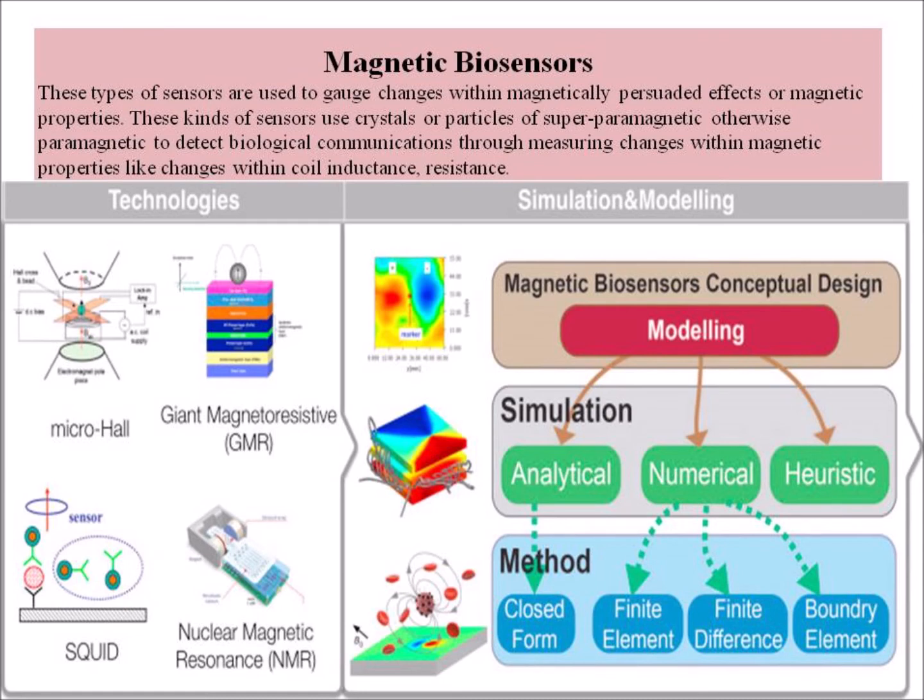Magnetic biosensors are used to gauge changes within magnetically induced effects of magnetic properties. These kinds of sensors use crystals or particles of superparamagnetic or paramagnetic material to detect biological interactions by measuring changes within magnetic properties like changes within coil inductance resistance. See, magnetic biosensor design is given here.